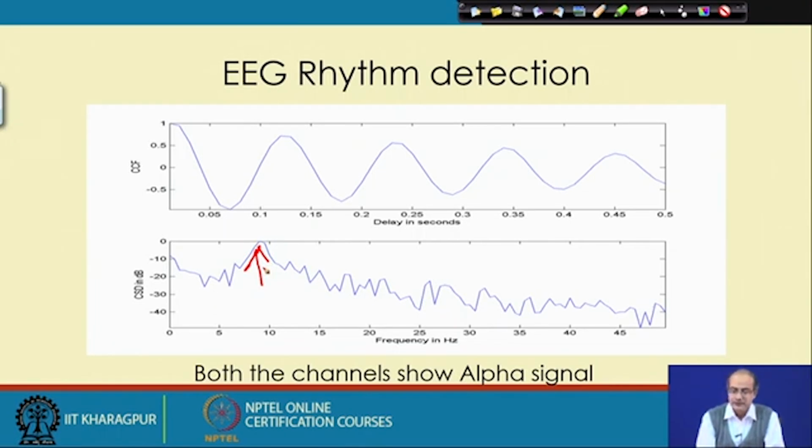That signifies that the alpha signal is present in both cases. So, even though we are not experts, with the help of the cross correlation coefficient and the cross PSD we could make the diagnosis that alpha wave is present in these two channels of signals. This is the takeaway for this moment, and I would like to thank you for this session.